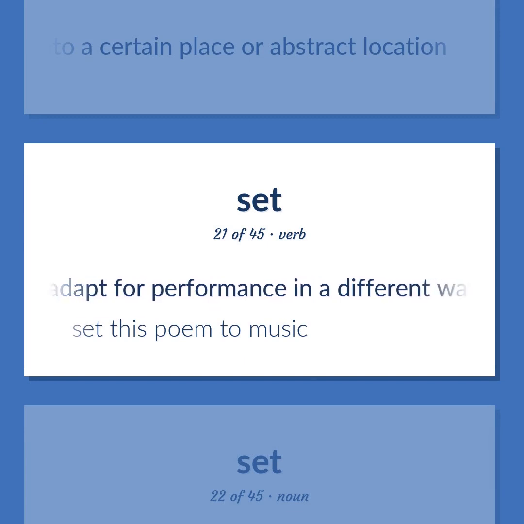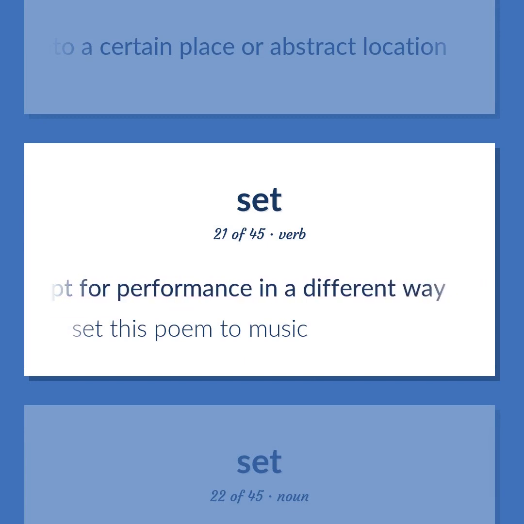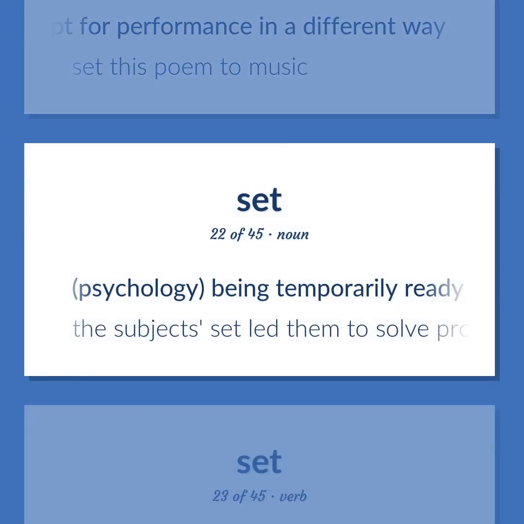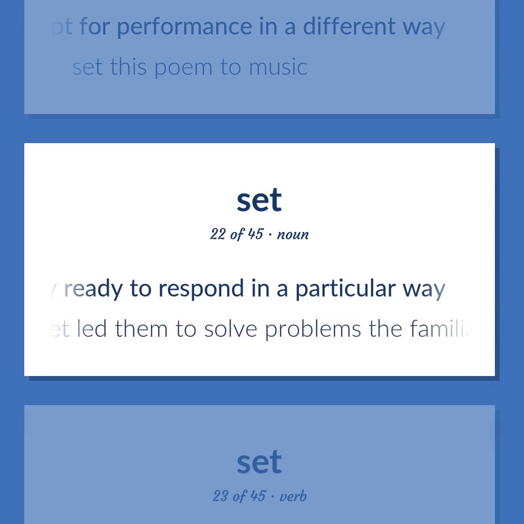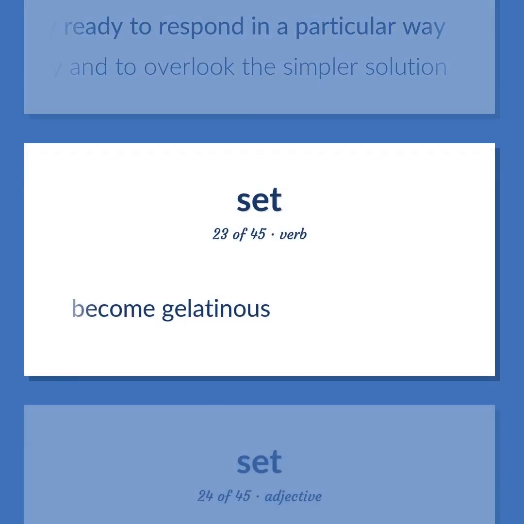Adapt for performance in a different way. Set this poem to music. Psychology: being temporarily ready to respond in a particular way. The subject set led them to solve problems the familiar way and to overlook the simpler solution. Become gelatinous.